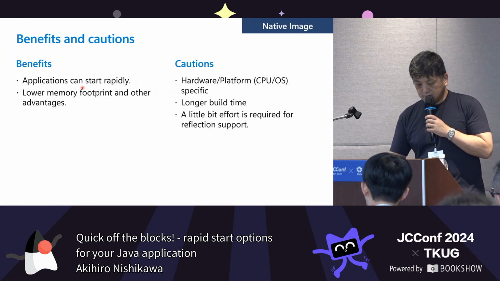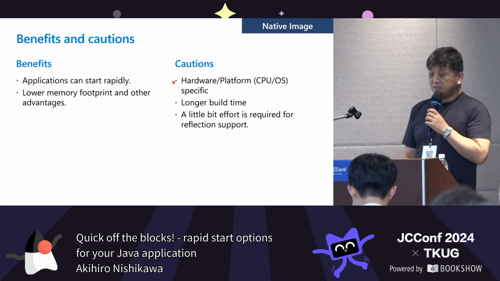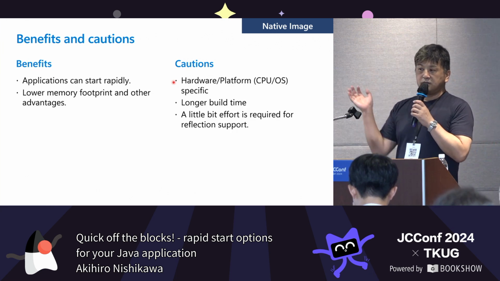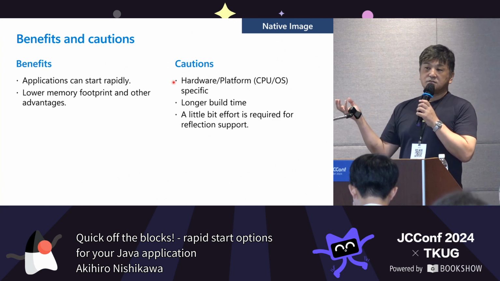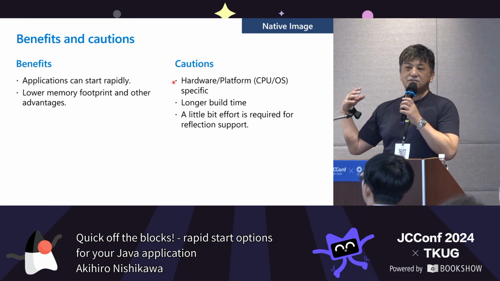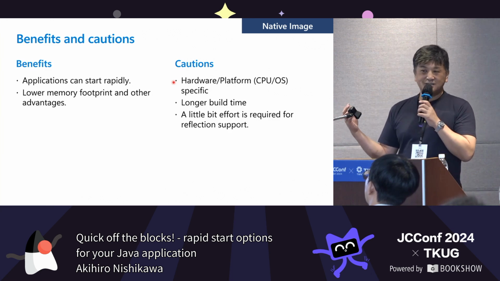So it is hardware and platform specific, CPU and operating system specific. If you'd like to run your application built with native image on Linux, you have to build on the Linux platform, not Windows.